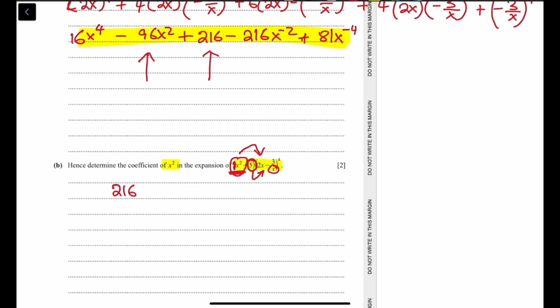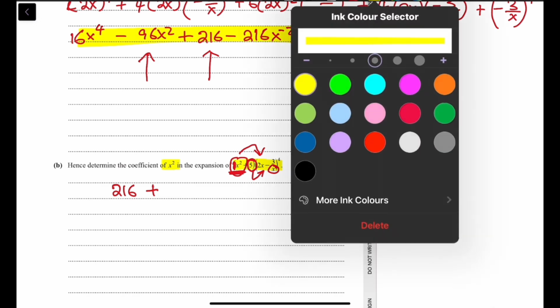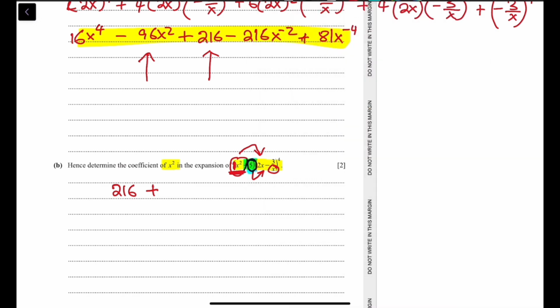So there's a coefficient of 1 here, plus our 5, this is difficult to highlight, but our 5 multiplying with our coefficient of x squared, which is negative 96. And if we add them up, we'll end up with negative 264.